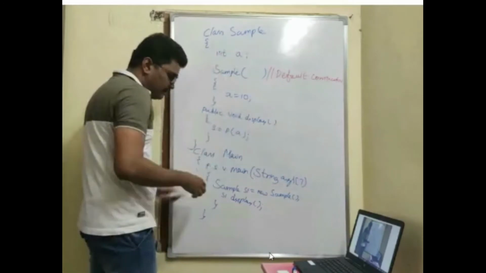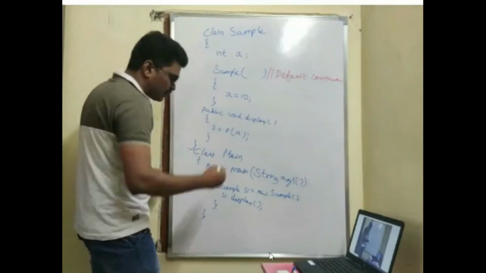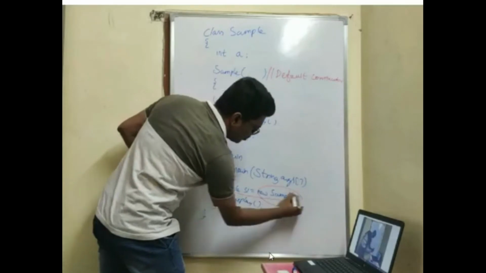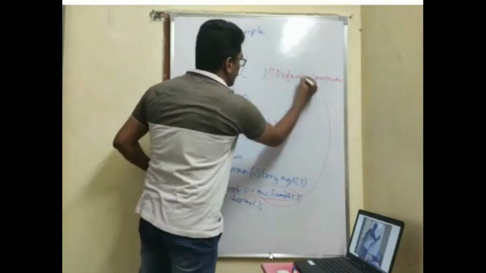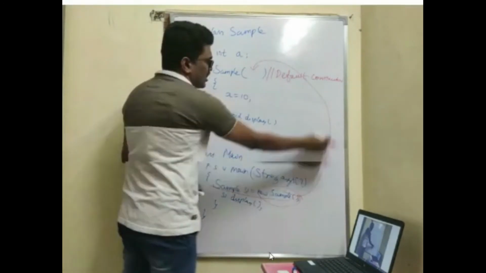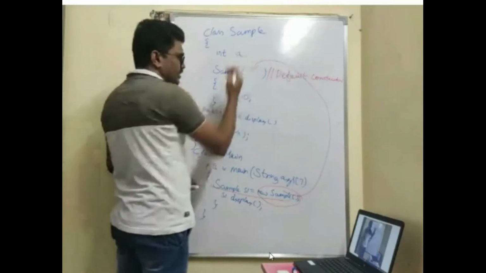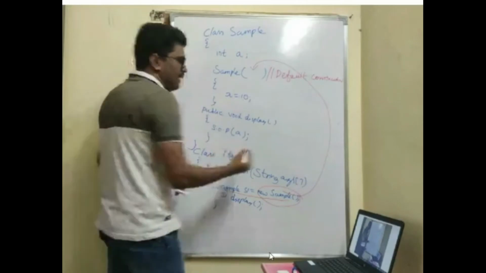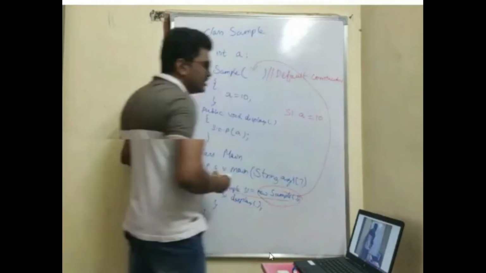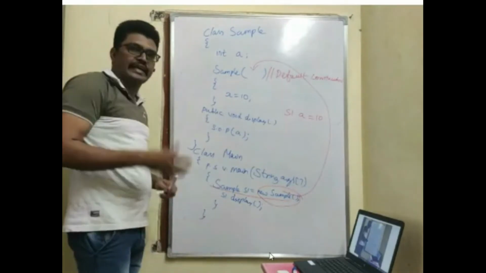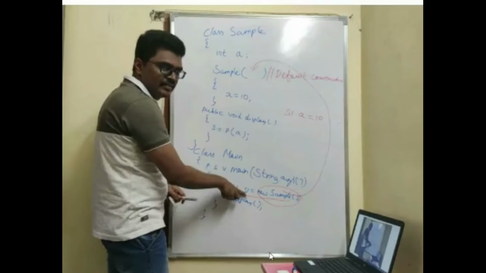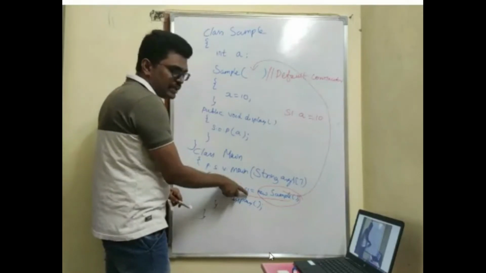Now the constructor gets invoked whenever I create an object, whenever I do this new sample, the control goes to constructor and A will be initialized. It is not A, it is S dot A. So my S dot A is initialized to 10. How will it take S dot A? Because the one which is calling here is S1. By default it will take this object.